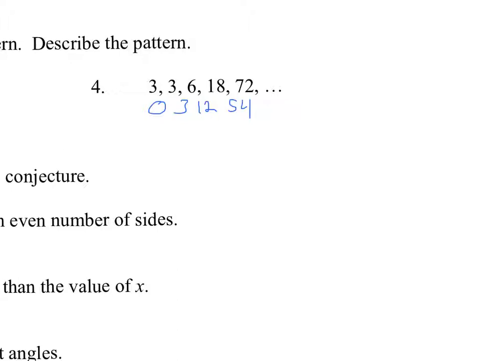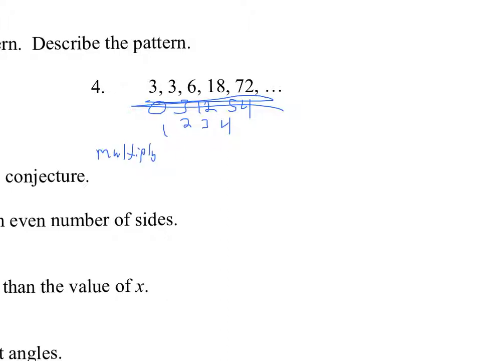I don't really see something there. Okay. Is it multiplying? Let's see, is it multiplying? Well, first it would multiply by 1. Then it multiplies by 2. 6 times 3 equals 18. Does 18 times 4 equal 72? Yeah, it does. So, I think that's the pattern. It's multiplying by 1 more each time.